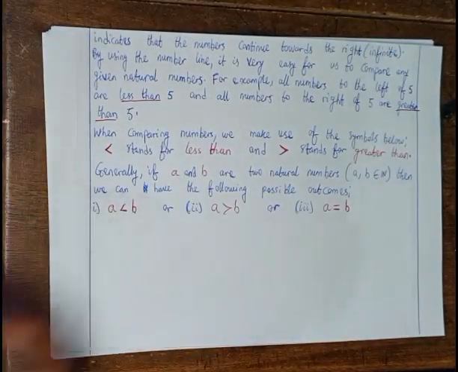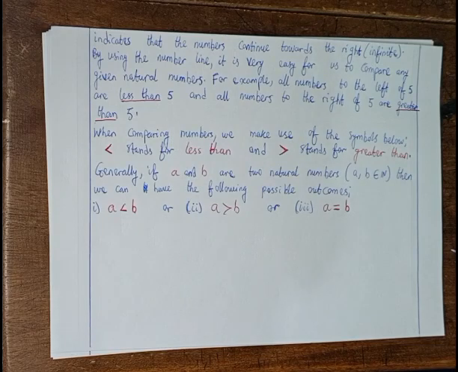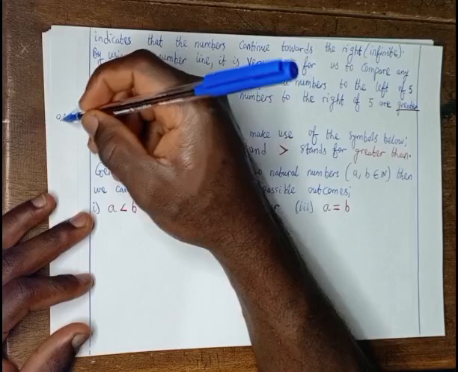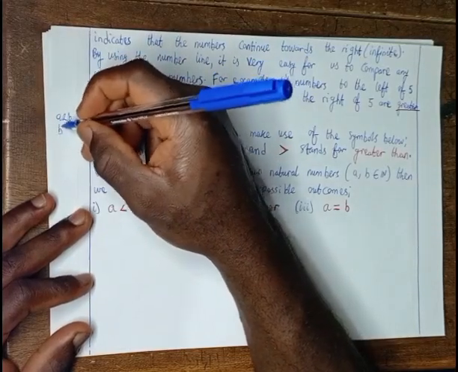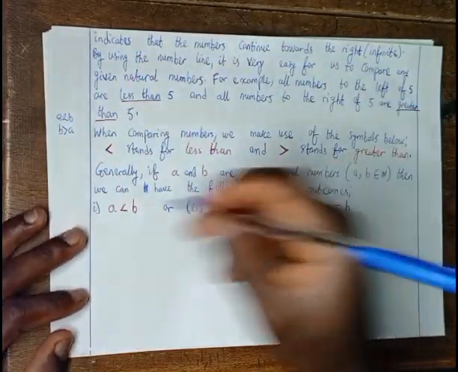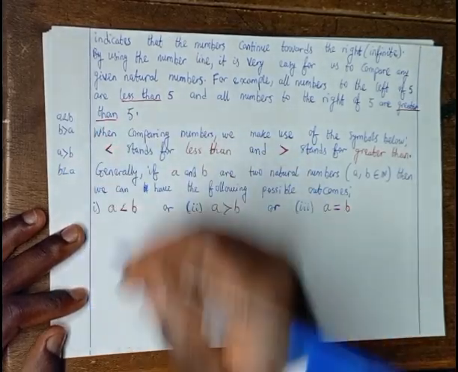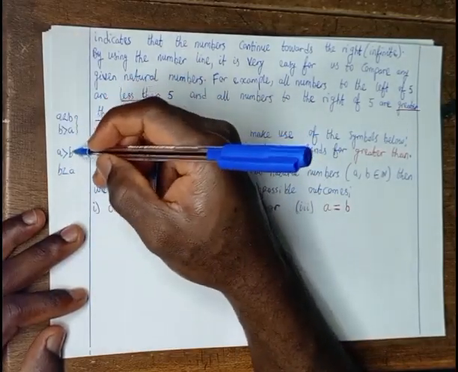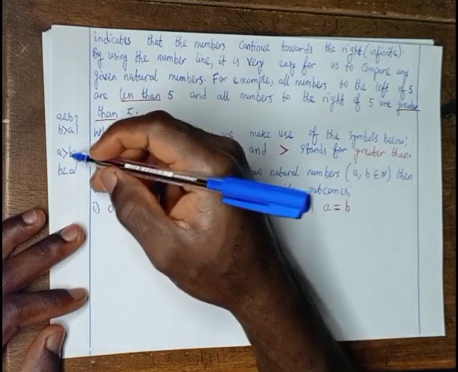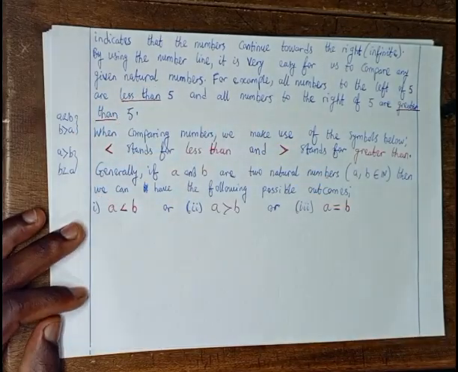We know A less than B is the same as B greater than A. We know A greater than B is the same as B less than A. You take note. This pair represents the same thing.